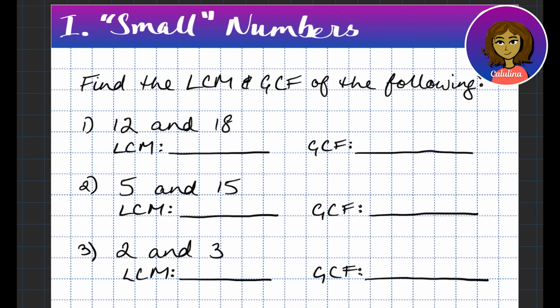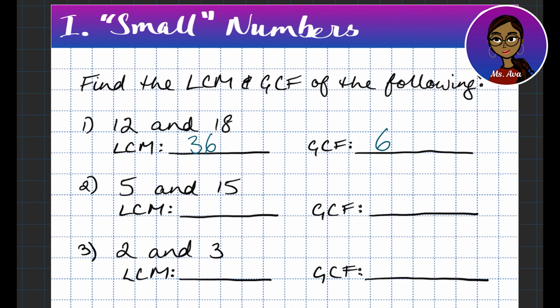That our LCM is 36. Yes, exactly. And then for the GCF, what do you think that might be? I keep wanting to say 12, but I know it's not 12. Is it 6? Yes, it is 6. 6 is the biggest number that can go into both of these.